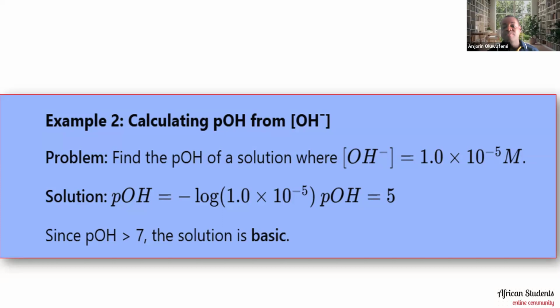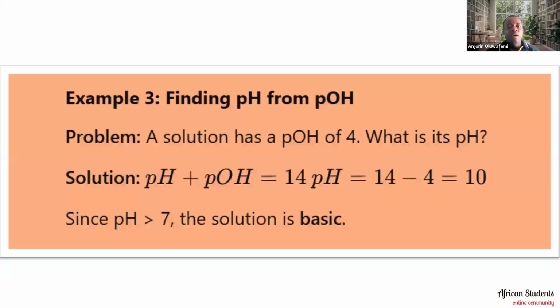So pOH equals minus log of 1.0 times 10 to the power minus 5. When you punch this into the calculator, you get a pOH value of 5. Since the pOH is greater than 7, the solution is basic.